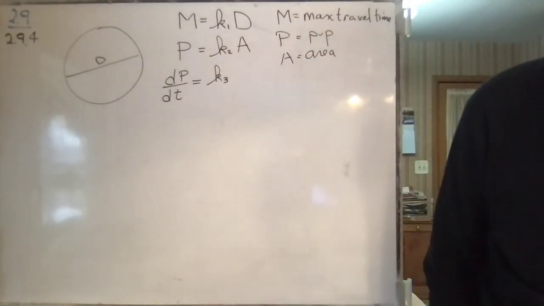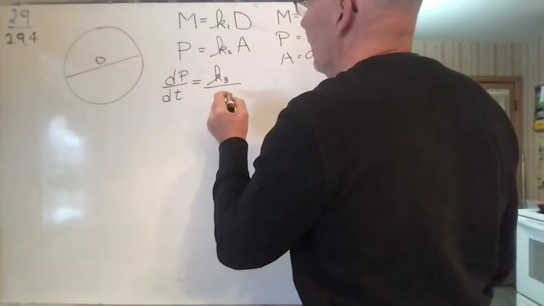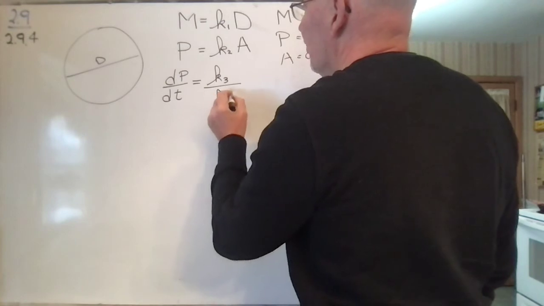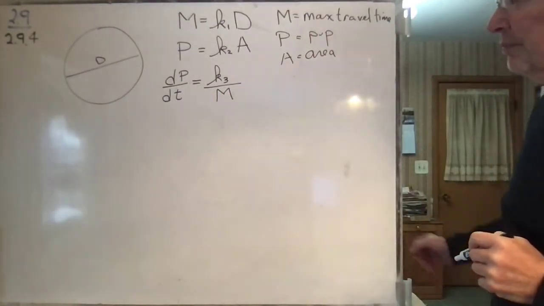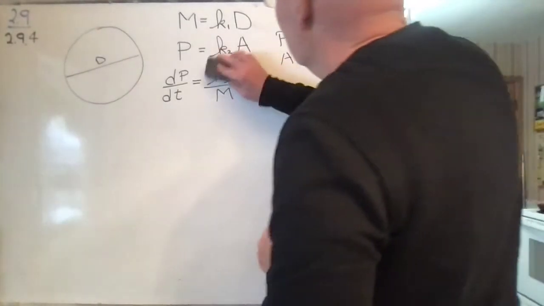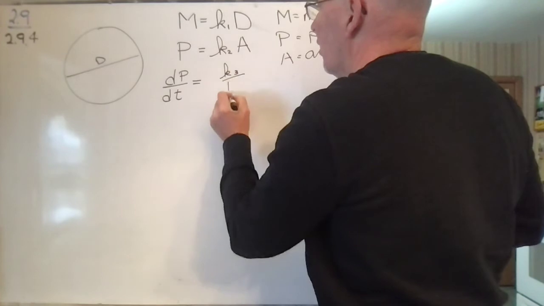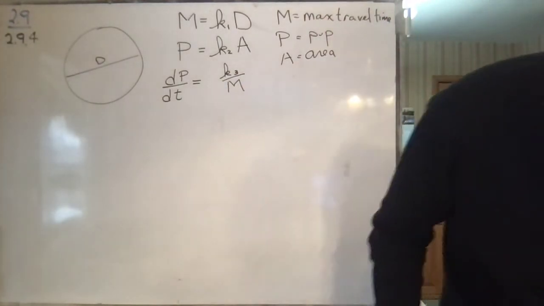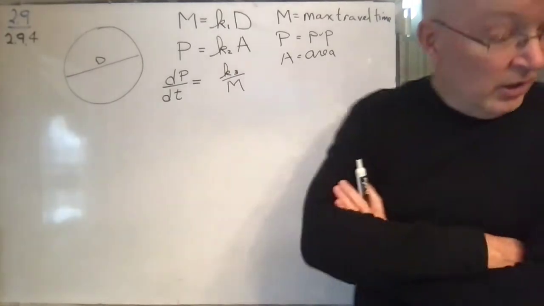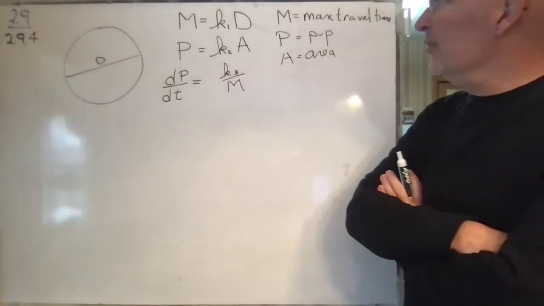It is inversely proportional to the maximum travel time. In other words, if it's inversely proportional, then you put the m downstairs rather than upstairs. Okay, so you have that.